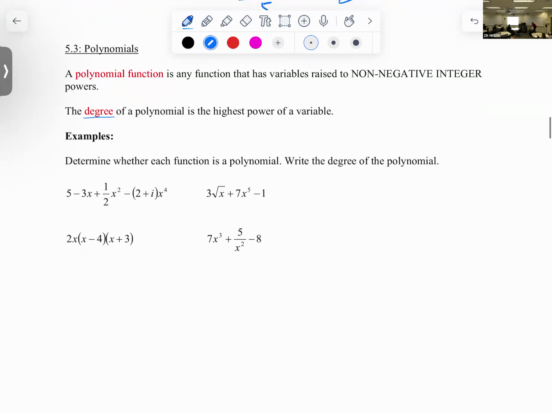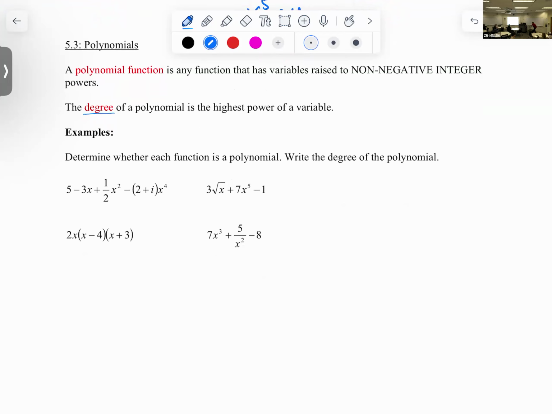So let's look at a couple examples and identify what is and is not a polynomial, and what the degree is if it is a polynomial. For this one, you can have all kinds of mess with the coefficients. Here the coefficients are 5, -3, 1/2, and -2 plus i. That's fine.